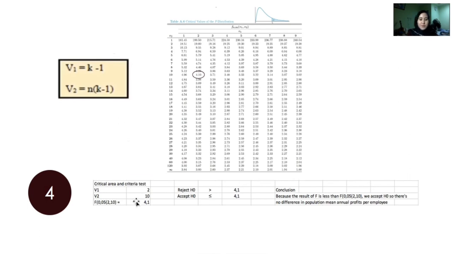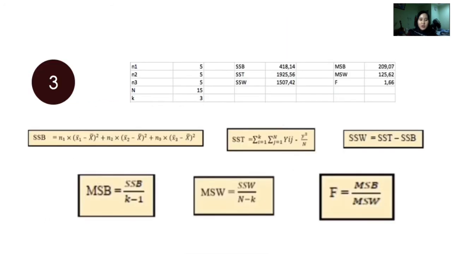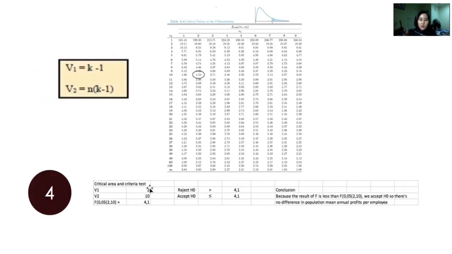After that, to find the conclusion, we have to define the critical area and criteria test. So before that, we have to search for the V1 and V2. V1 is K minus 1. So because K is 3 and then minus 1, we got V1 is 2. V2 is N times K minus 1.